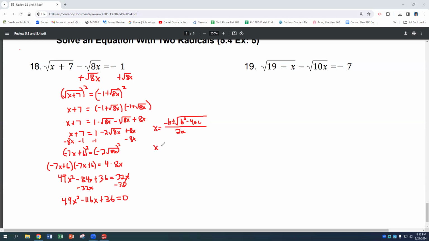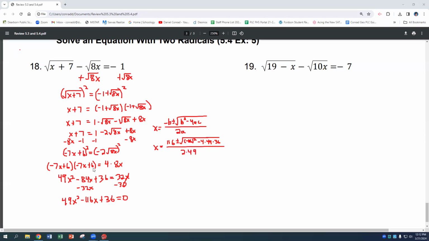All right, so for us, we're going to get 116 plus or minus the square root of -116 squared minus 4 times 49 times 36, all over 2 times 49.